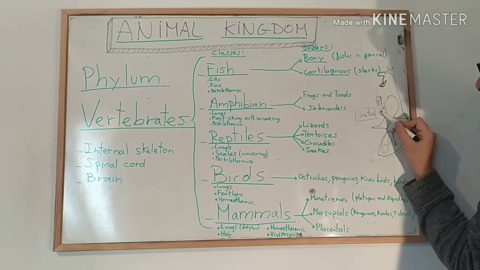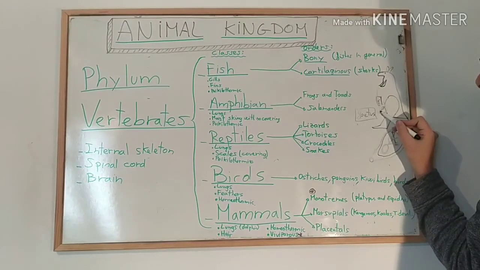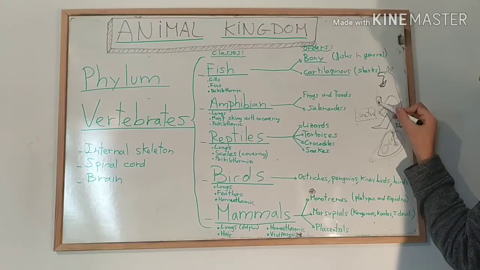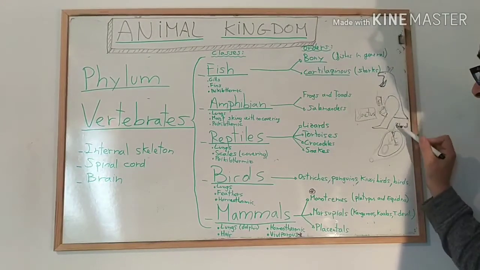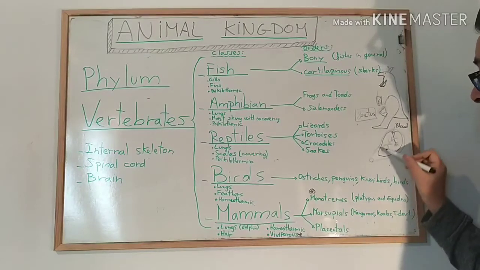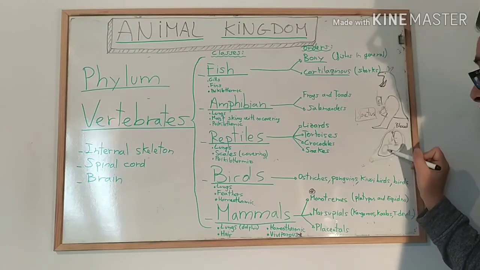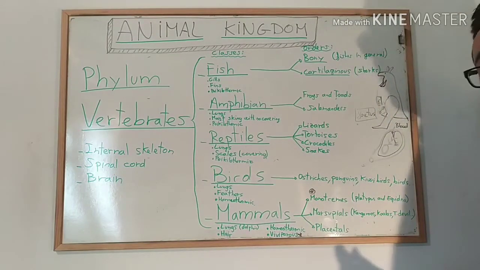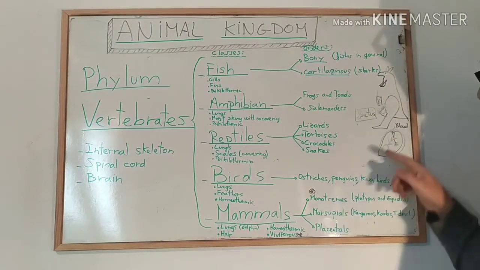In marsupials, the newborn is not completely developed, and it has to grow in the marsupium. But in the case of placentals, the newborn, the animal that is born, is fully developed because of the placenta.